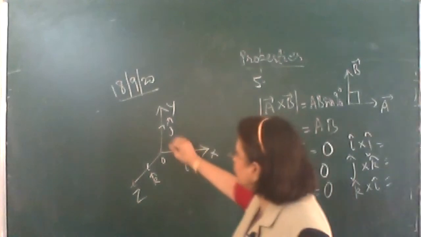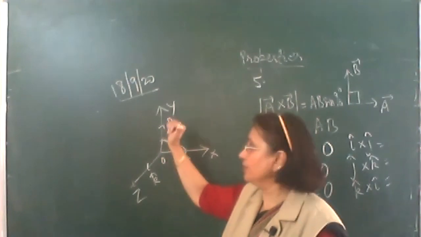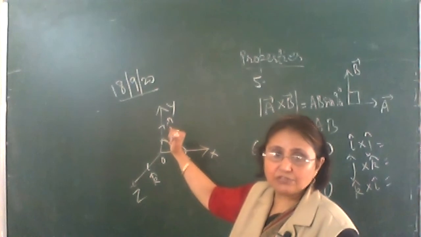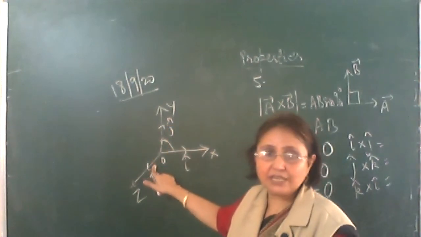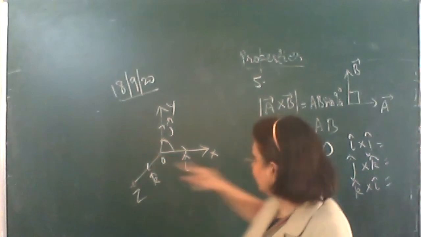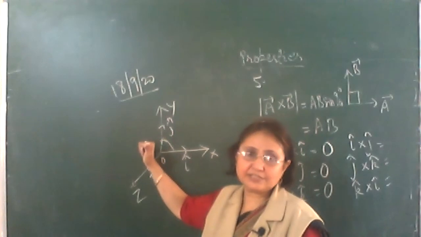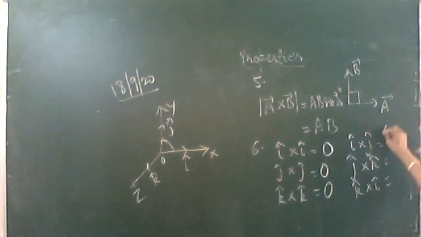Moving from i to j, i cross j, what do you get? Along z axis, the unit vector along z axis, which is k cap. Why? Because the magnitude is 1 and it gives only the direction along z axis. So i cross j cap will be equal to k cap.